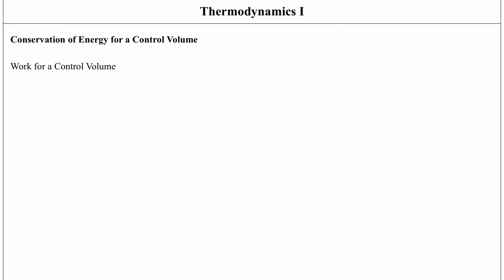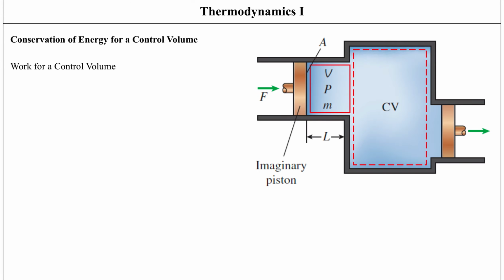So we're going to look at work for a control volume, and we can imagine it in this kind of way, where this is just an imaginary piston here. This is our control volume that we just saw, and this was the fluid element we were looking at that had an initial mass flow rate m dot i.